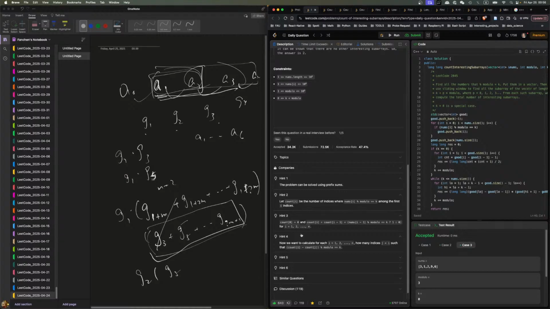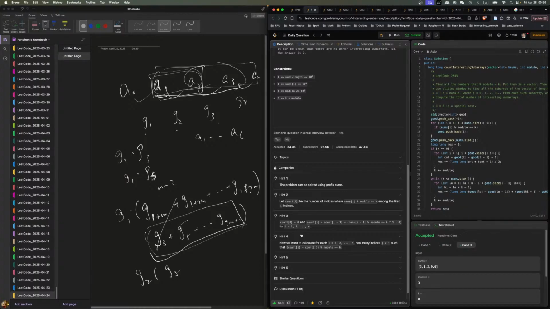If I know modulo, which is going to be k, then count j is going to be count I minus k, right? That number, we want to know how many indices to the left.